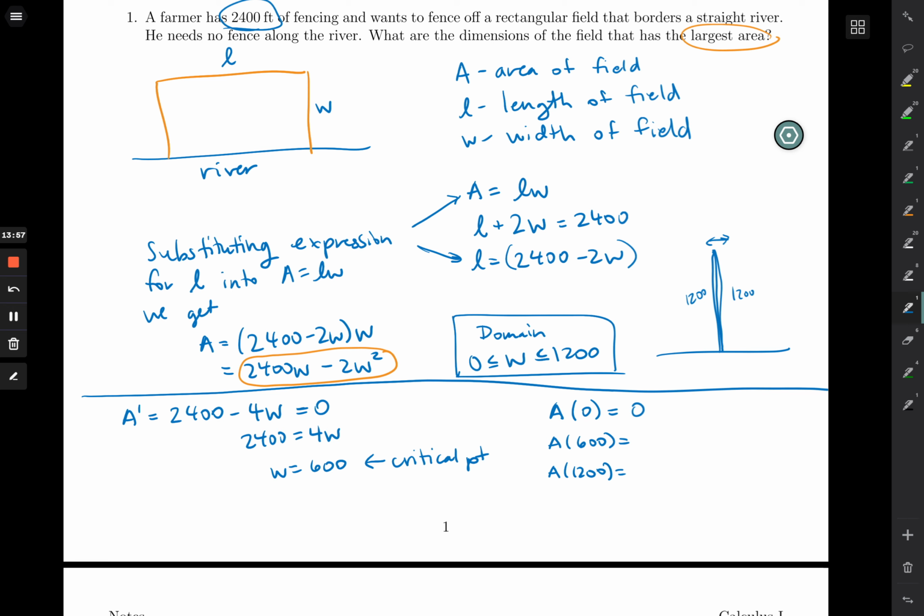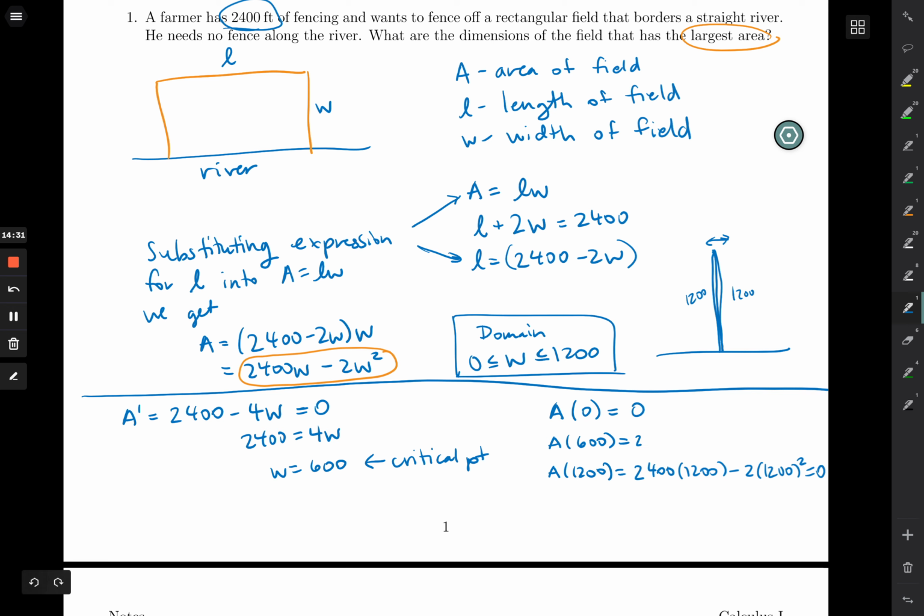But you can also check this by plugging in 1,200 to our formula for W. If we do that, we would get 2 times 1,200 squared, and if you throw this into a calculator, you will get 0. So neither of those is going to be a maximum, so we just want to evaluate at 600, and that should give us our maximum value for our area.